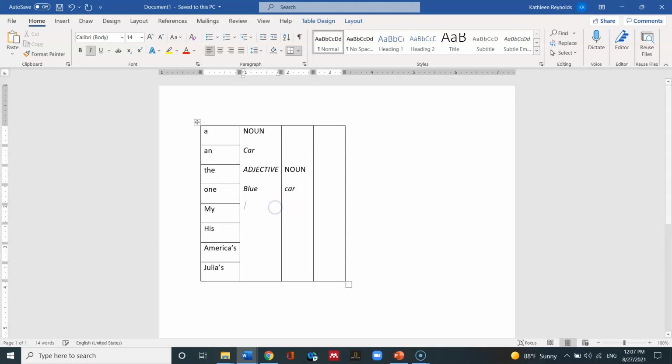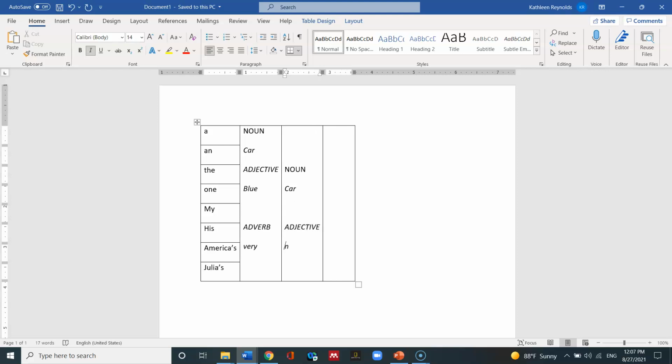There's one more option, which is that we could start with an adverb, okay, like very, okay? And after an adverb, we would probably have another adjective, like nice. And then finally, we have a noun like car. Okay, the very nice car, my very nice car.